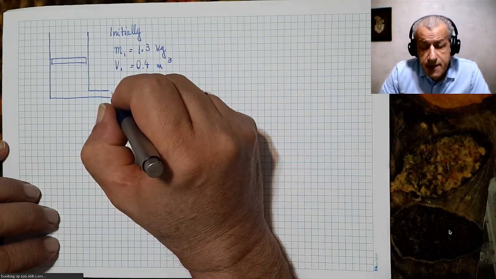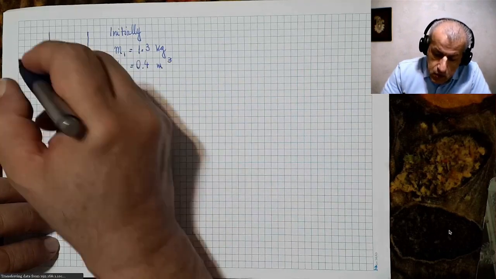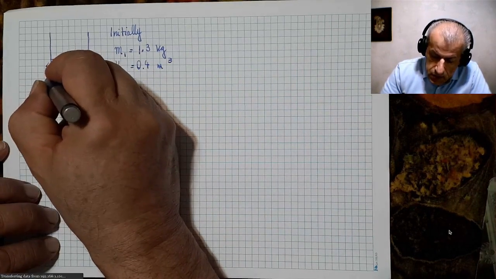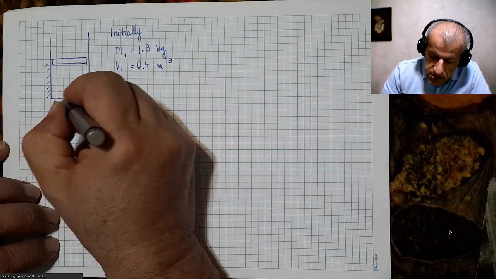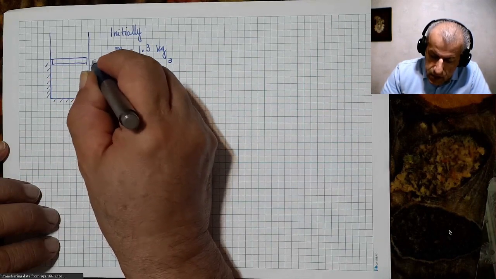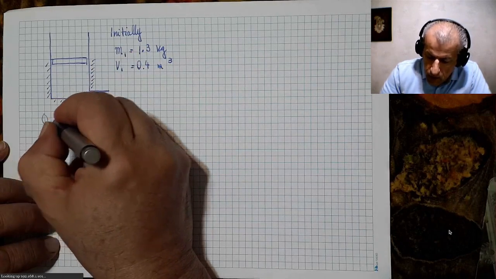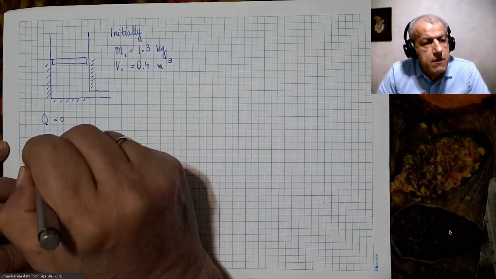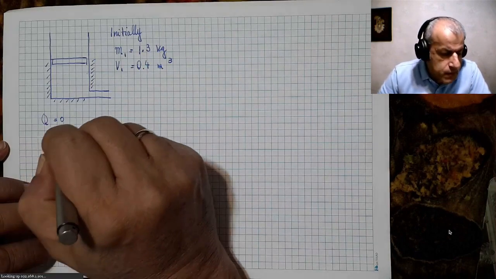The cylinder is insulated, so we just put some insulation around it, and note that Q would equal 0 in this problem.